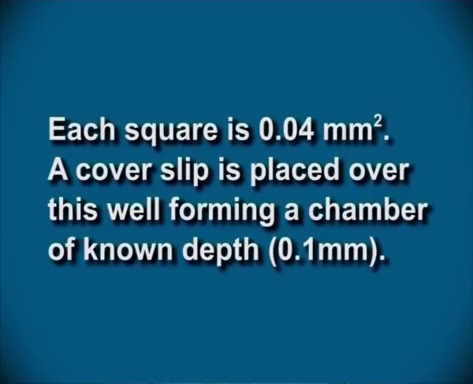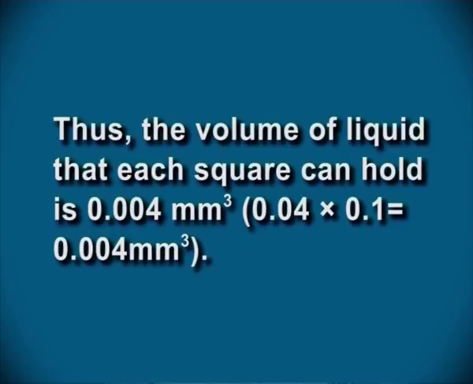A cover slip is placed over this well forming a chamber of known depth, that is 0.1 mm. Thus, the volume of liquid that each square can hold is 0.04 multiplied by 0.1, that is equal to 0.004 millimeter cube.